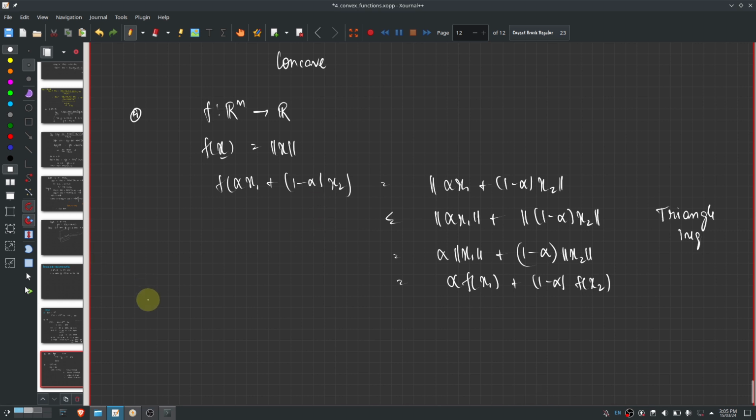So here are some more example functions. Let's not do that right now in class, but I leave this as a homework.